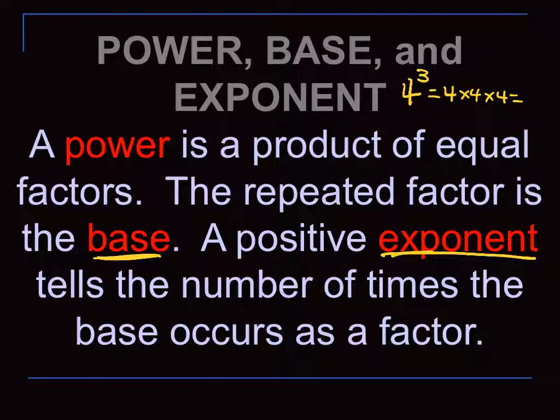Well, 4 times 4 is 16, and then 16 times 4 will give me 64, just the other way to represent that. Now, in that example, we've got the base, which is that 4, and then we've got the exponent, which is that number up there. Just so you know which one is the exponent and which one is the base, it shows us exactly which one is which.